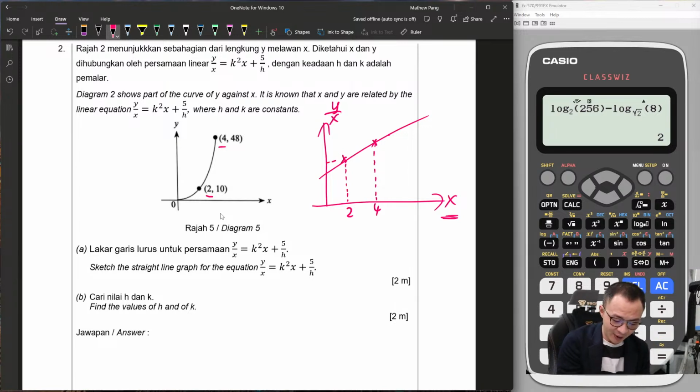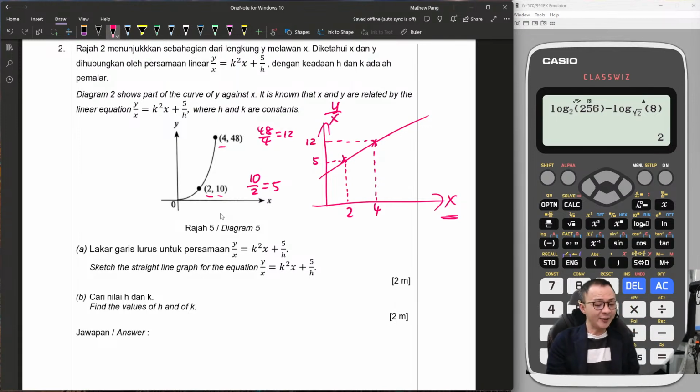So what is my y over x? You take 10 divided by 2, 10 is y, divided by 2, you get 5. Then for this one, you take 48 divided by 4, you get 12. So the second value here will be 12. So these are the 2 coordinates for the straight line.